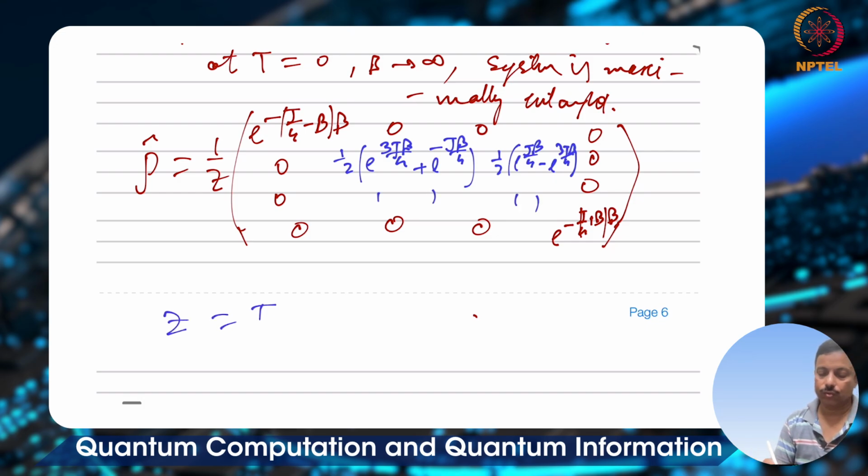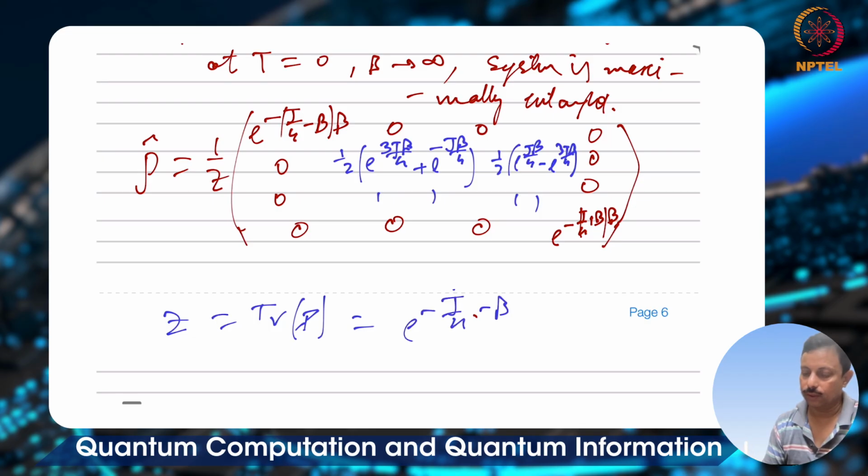And the Z, which is the trace of rho, the partition function, is given as e to the power minus j by 4 minus b beta plus e to the power 3j beta by 4 plus e to the power minus j beta by 4 plus e to the power minus j by 4 plus b times beta.